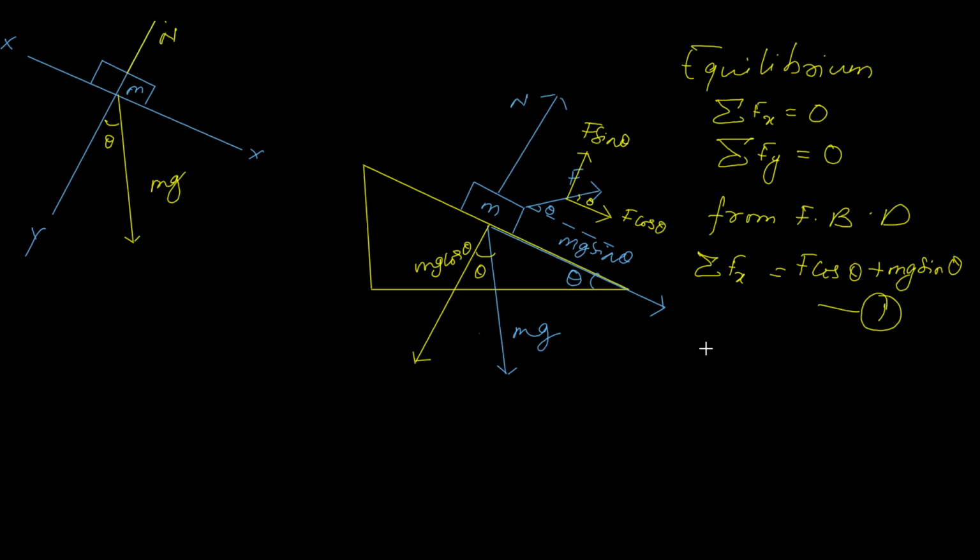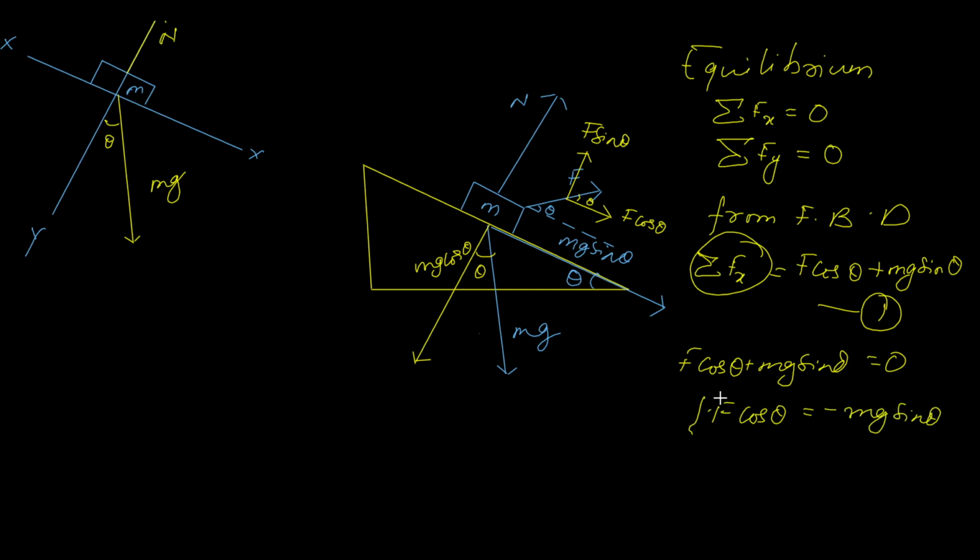And then moving on to the y direction. We also know that the summation of Fx is 0, so we can write F cos theta plus mg sin theta is 0, which gives me F cos theta equals minus mg sin theta. Here we have the equation for the x direction, and for the y direction, Fy.